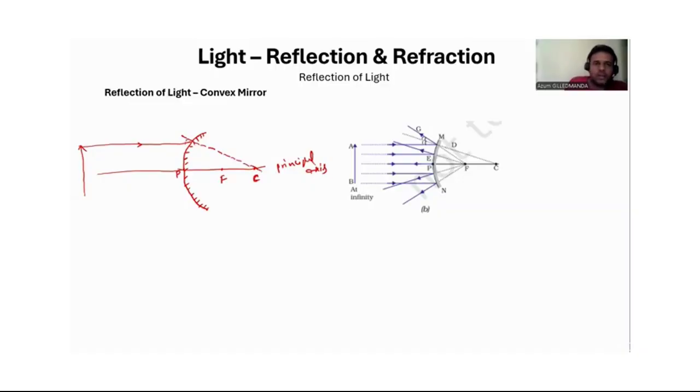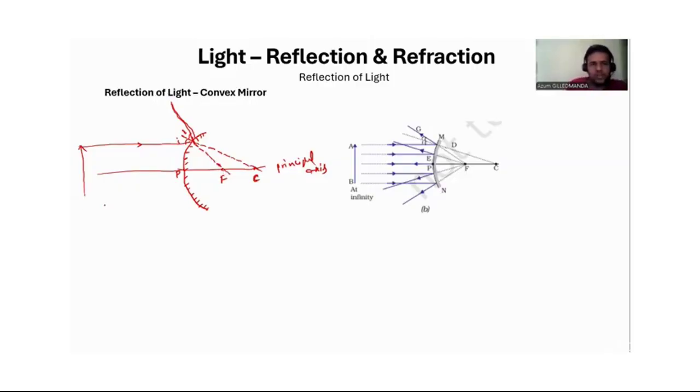This is the angle of incidence, and then something like this will be the reflected ray. This is your angle of reflection, and this line appears to go through the focus point.